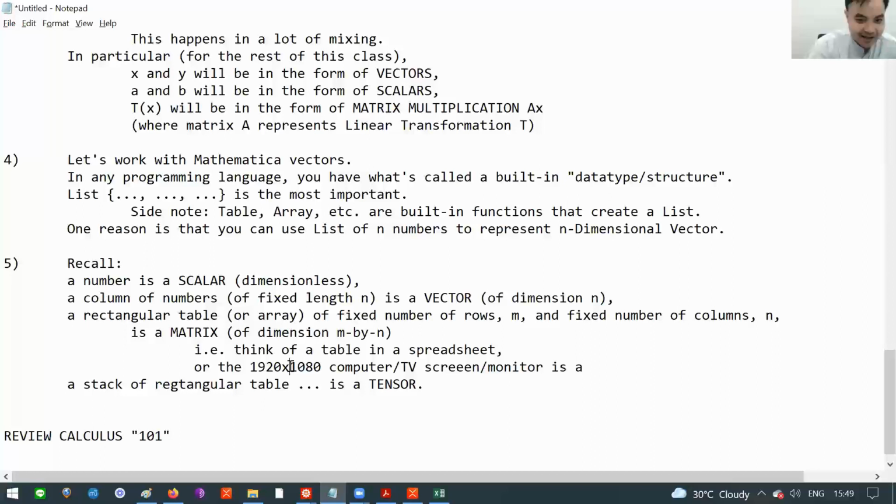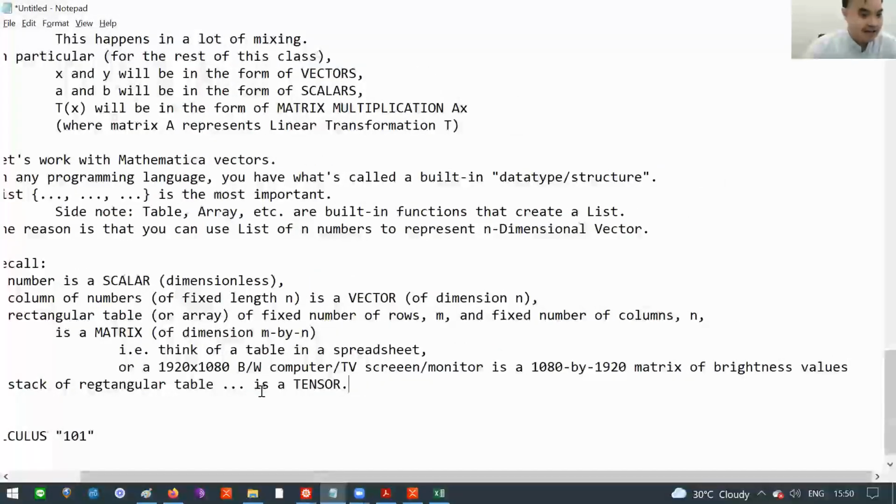It's 1080 because that's the number of rows by 1920 columns. Now, you probably don't see this, but it's called black and white, the level of brightness.